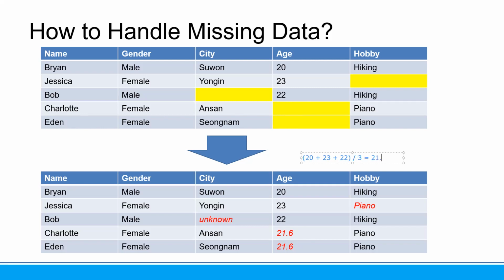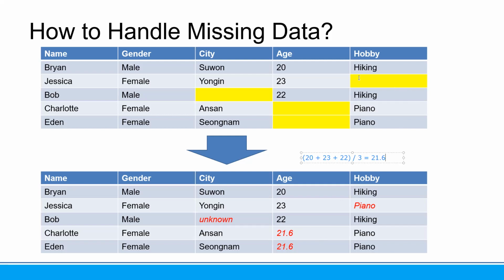This is 21.6. Is it right? I guess that's the value. And then I can put this value 21.6 into this 8. So I just assume that the 8 is 21.6. Or if you want to remove the .6, you can assume that they are 21 years old.